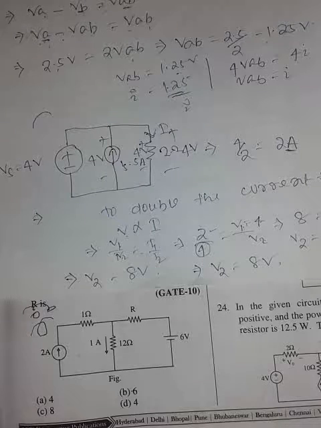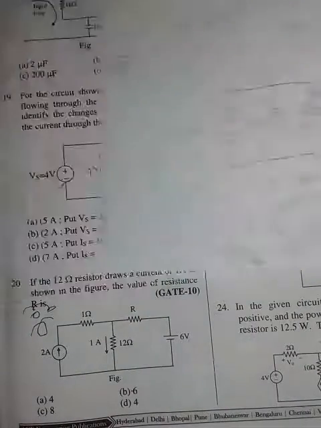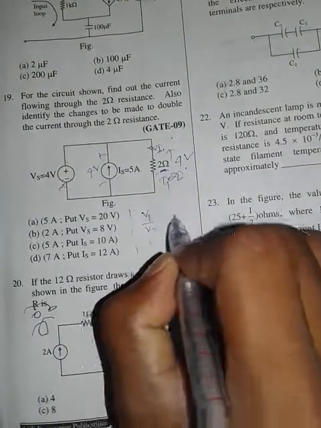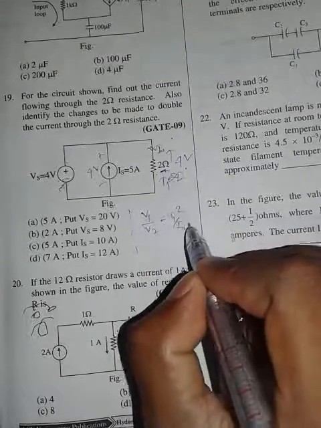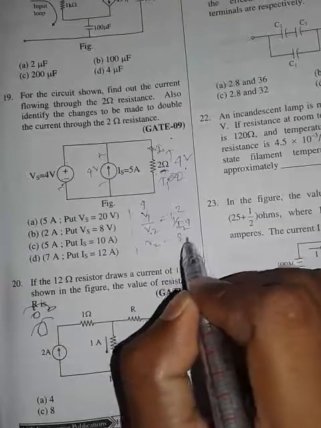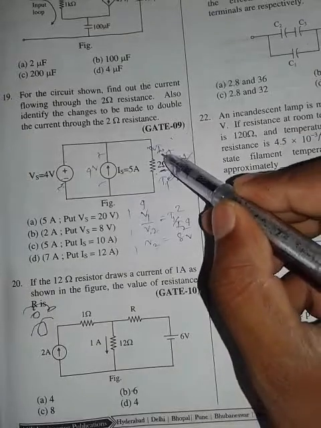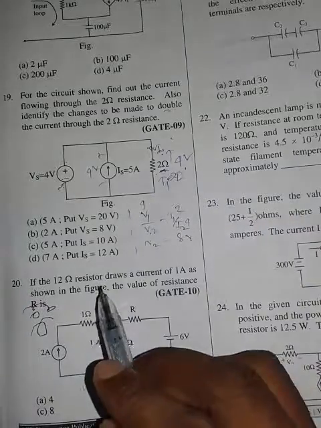When we want the current to be doubled, the voltage must also be doubled, because voltage and current are directly proportional. So V2 is 8 volt.